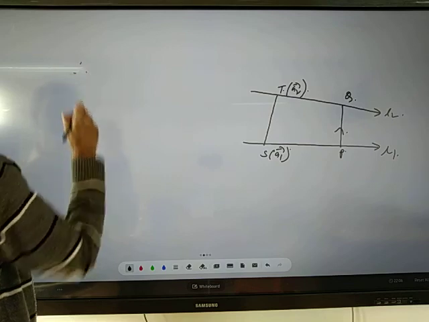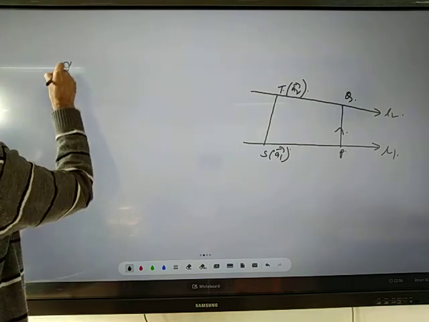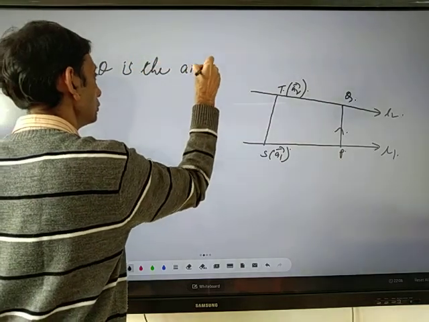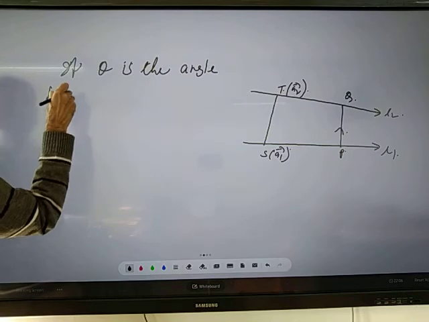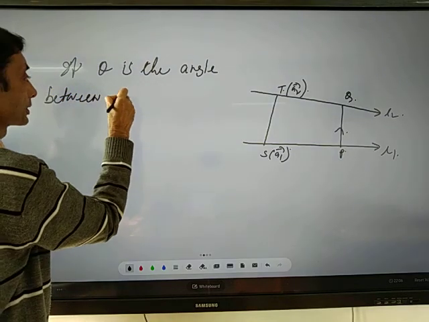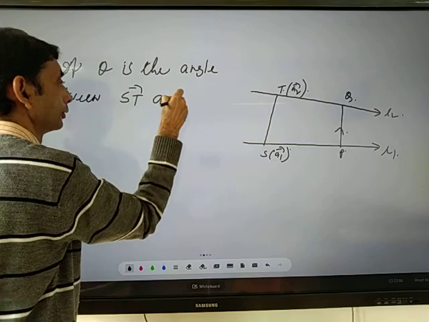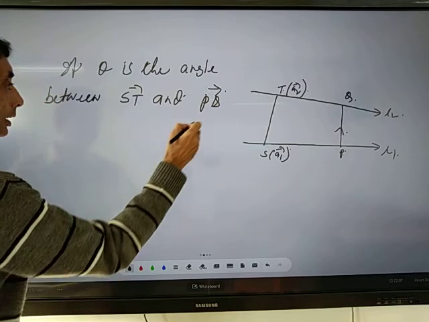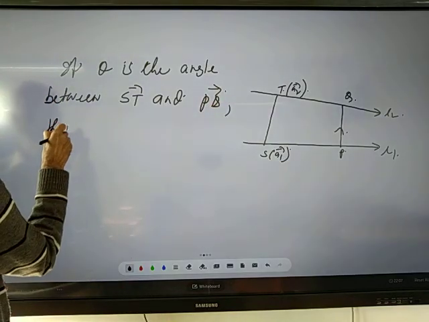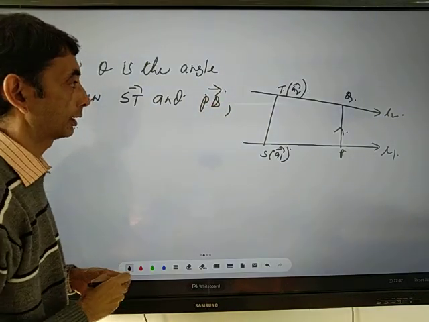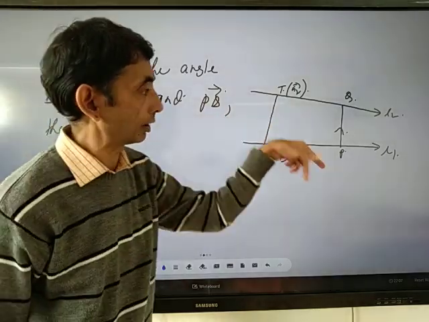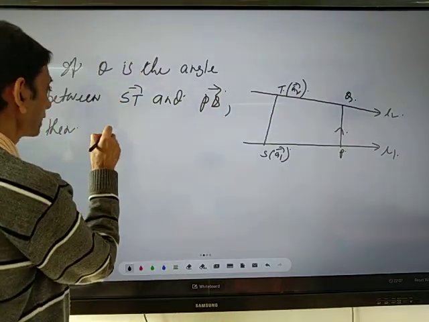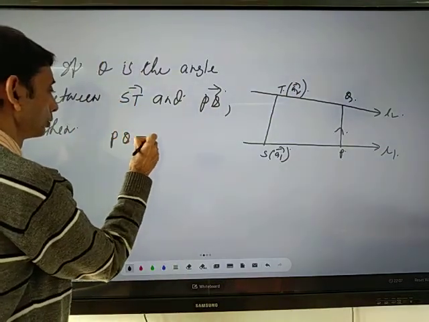If theta is the angle between vector ST and PQ, then we can find the projection of ST along the direction of the shortest distance vector PQ.